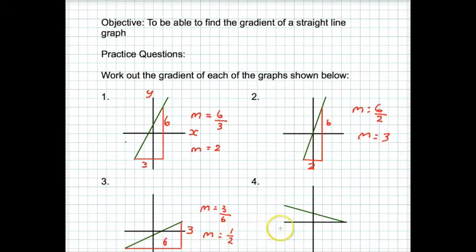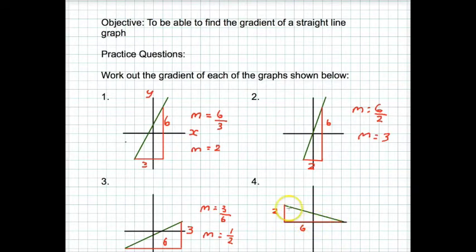Finally then, question 4. This time you can clearly see that this gradient is sloping downwards. So we do the same thing. It's actually on the line there. So I'm going to take this from this point here, and then this one along to here. Again, this time I've got a difference in y of 2 squares, and a difference in x, 2, 4, 6 squares.